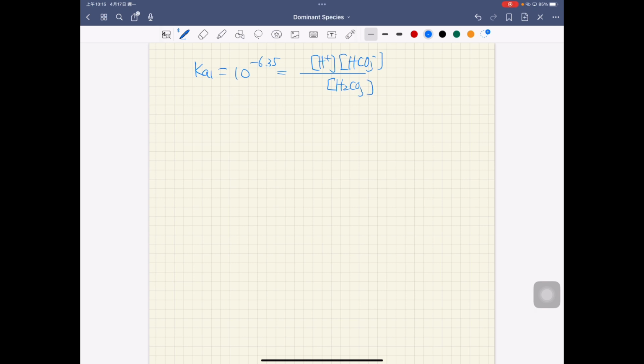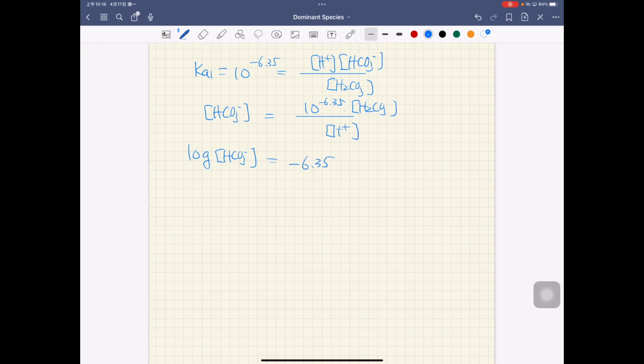I will put HCO3 minus on one side and move everything to the other side. Okay, so I just moved it around, and then I take log because I need to know the log of bicarbonate, right? So you take log, that will be, I'm going to write it down like this.